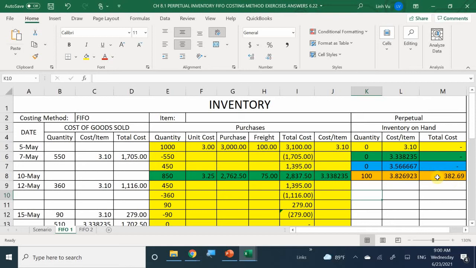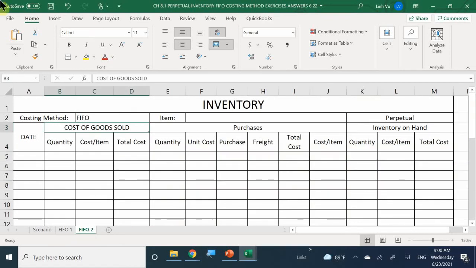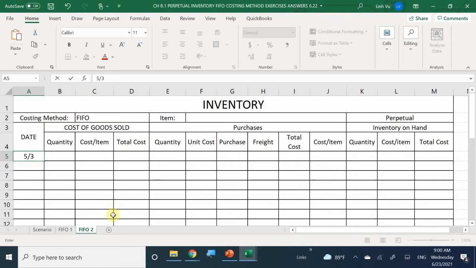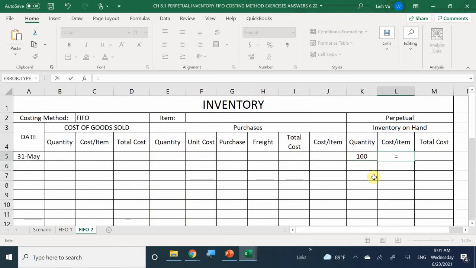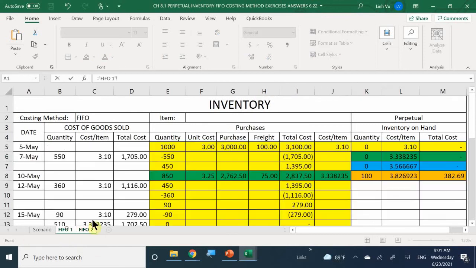I'm going to carry this over into my next worksheet over here. In this case, I'm not going to say I purchased it, but at least I know that this is from May 31st, and I'm going to carry it over into my inventory on hand. I'm just going to copy the information over, because this is exactly what I have left on inventory on hand.